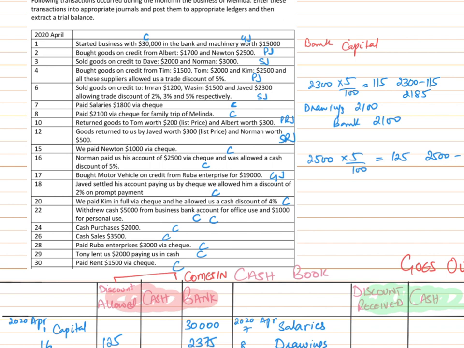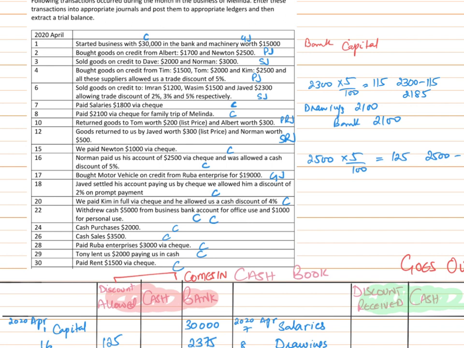But we also need to see whether Javed returned goods to us, or if something else happened pertaining to Javed. So if I look at the transaction on 12, goods returned to us by Javed worth 300. So he returned $300 worth of goods, but as we can see in the brackets, it's written list price. We sold him goods after subtracting discount from list price.